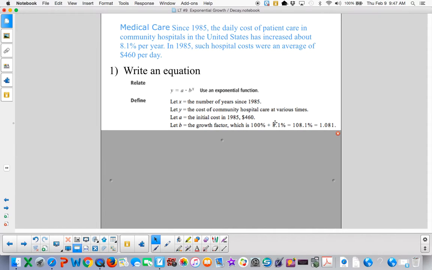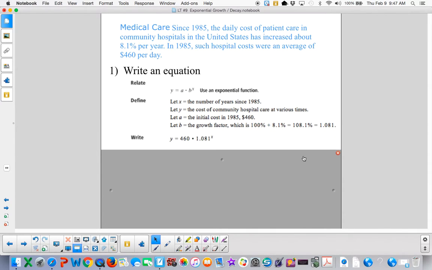It's growing 8.1%, so it's really 108.1% of the previous year. Notice, again, it needs to be greater than 1. So we get our equation, 460 times 1.081 all to the x power.